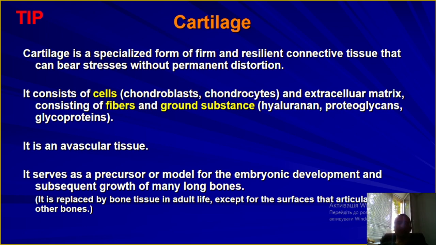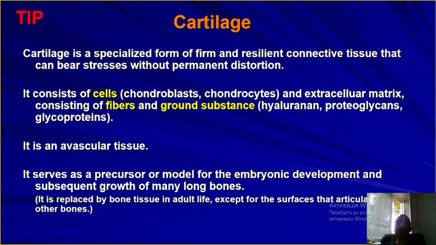Extracellular matrix is a very interesting component of the cartilage, because it consists of fibers, collagen, and the structure of this extracellular matrix is very unique, not only for each person, but for each joint of the person as well.